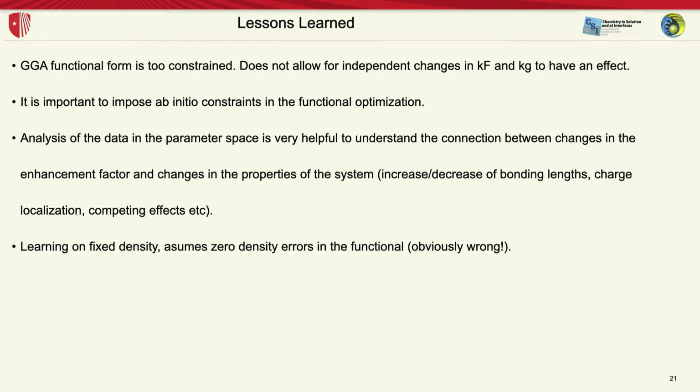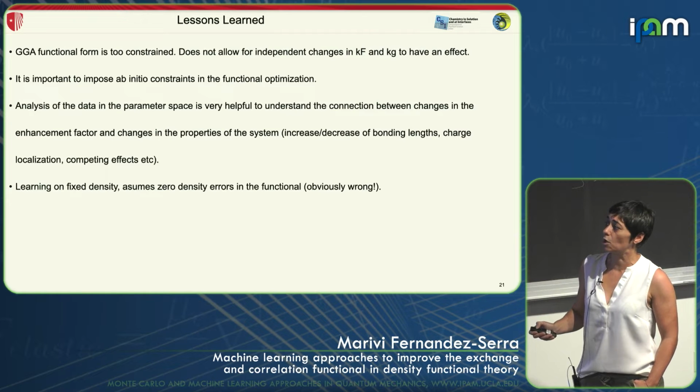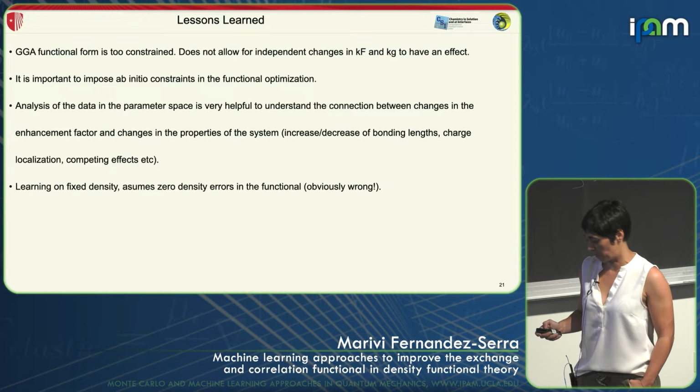And so what we learned is that, of course, this GGA functional form is too constrained. It doesn't allow for independent changes in these parameters. It is important to impose these ab initio constraints in the functional optimization, and we did learn a lot by doing the data analysis in this parameter space. Now, one very important thing is that we learn on fixed density, so assume zero density errors in the functional, which is obviously wrong.